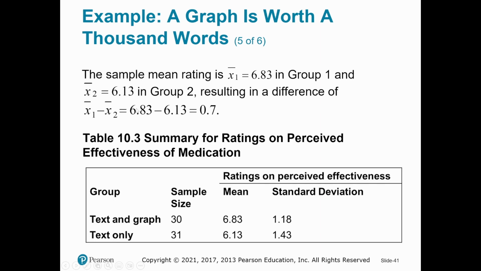And we can take the difference of the two means, and what we get is 0.7. This is the mean difference. Technically, you'd probably rather say the difference in the means, or even more technically, but more verbose, the difference in the sample means, first group minus the second group.